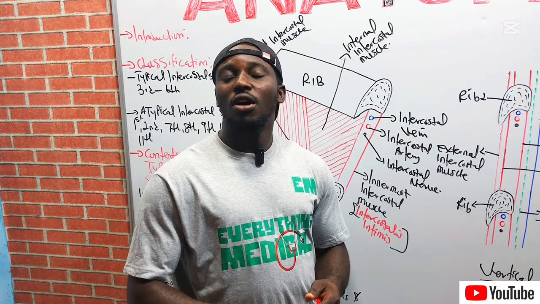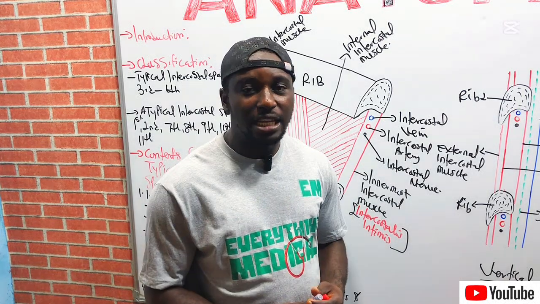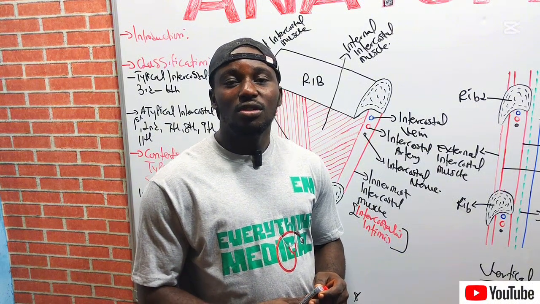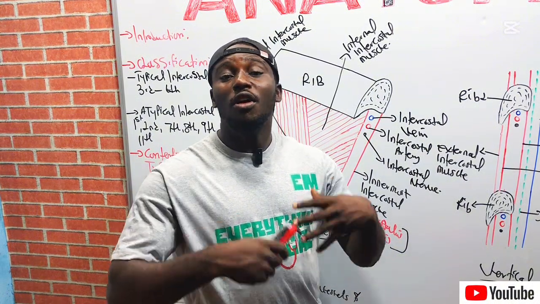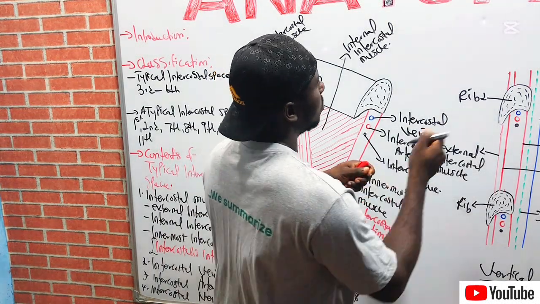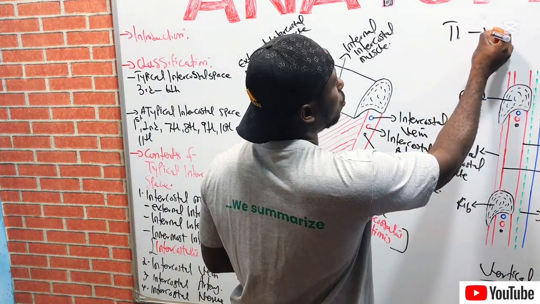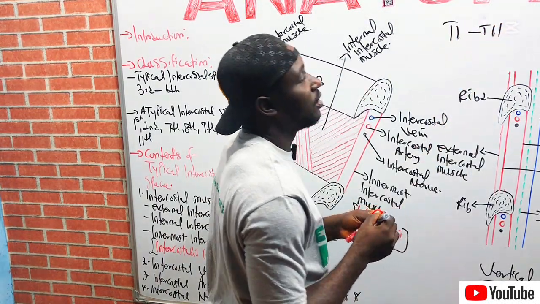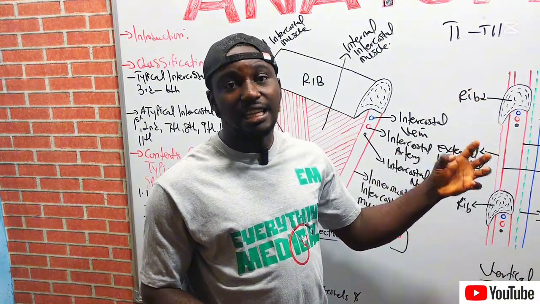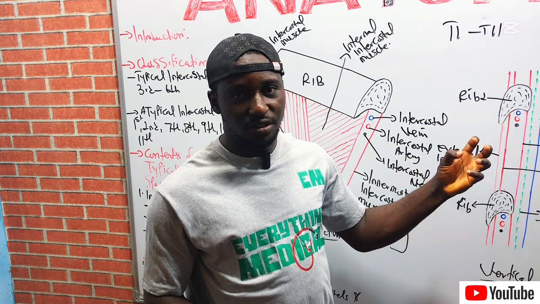The anterior primary rami of the upper 11 thoracic spinal nerves, that is from T1 to T11, course through the intercostal space. Hence, they are called intercostal nerves, right?